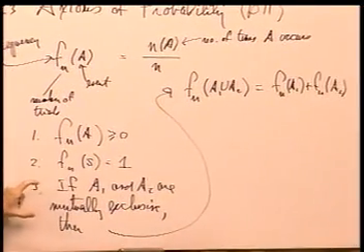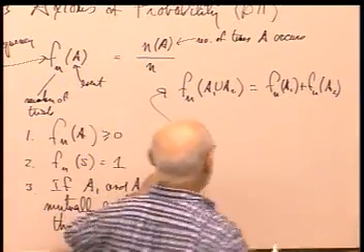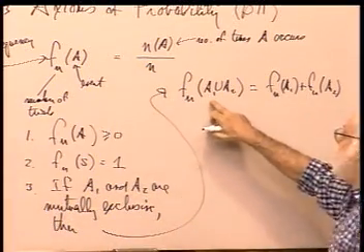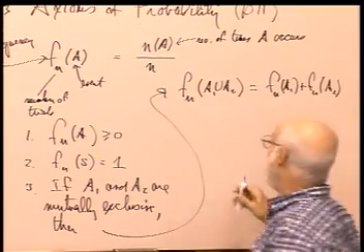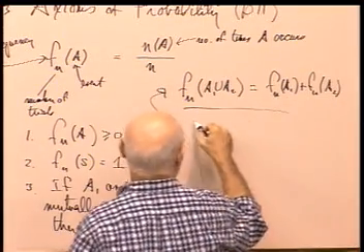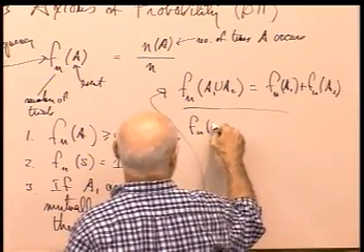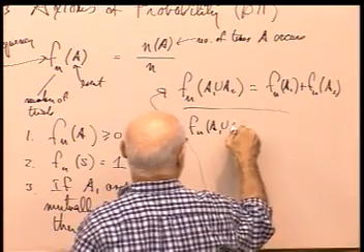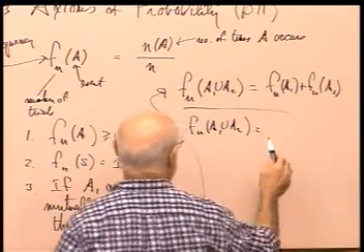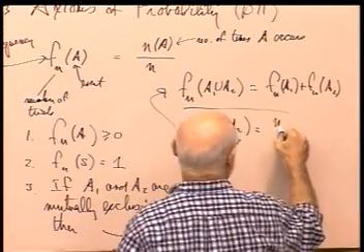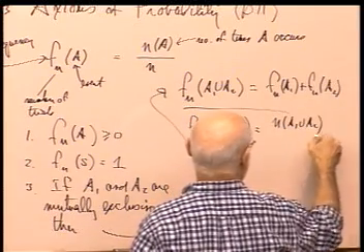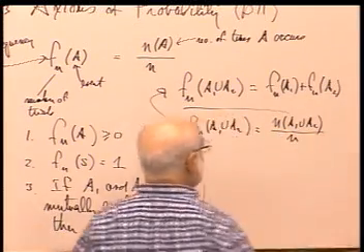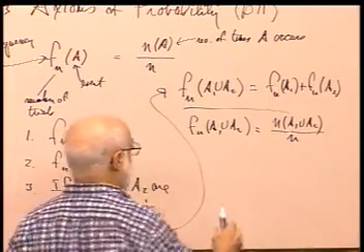Okay, now if they're mutually exclusive, then the frequency with which I get either one or the other is the sum of the two frequencies. Okay, so why is that? Let's see. Here's the frequency of A1 or A2. By definition, that's the number of times I get either A1 or A2 divided by the total number of times I conduct the experiment.